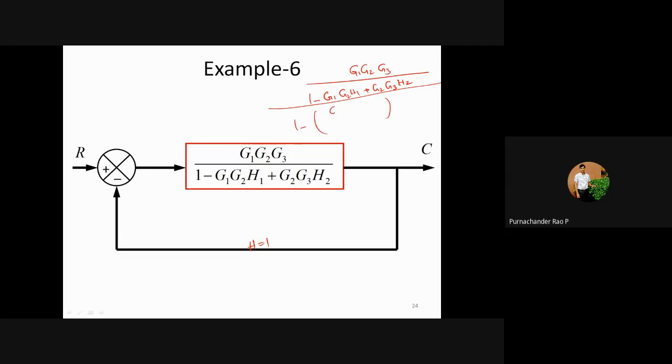So that is G1, G2, G3 divided by 1 minus G1, G2, H1 plus G2, G3, H2 into H1.